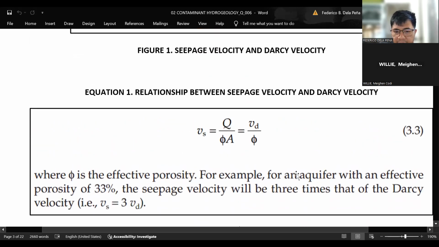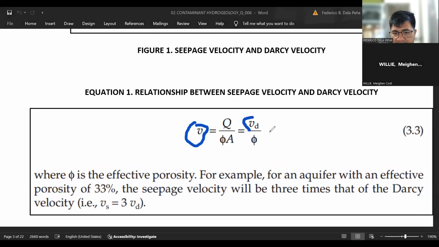And you can see here your VS, your seepage velocity, is equal to your VD, your Darcy velocity, divided by your effective porosity. This is your seepage velocity. This is your Darcy velocity. For now, you can ignore this part. And this is your effective porosity.